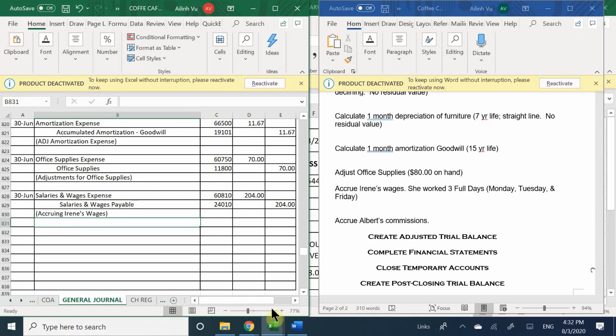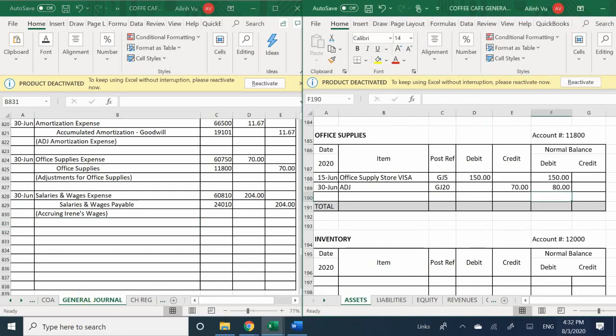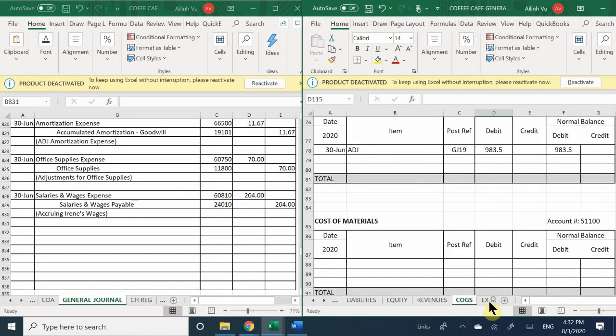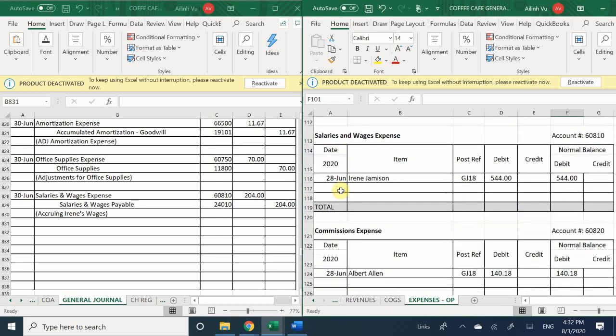So let's go ahead and post that to our ledger. Here's salaries and wages expense. Accrue 24 hours for Irene.